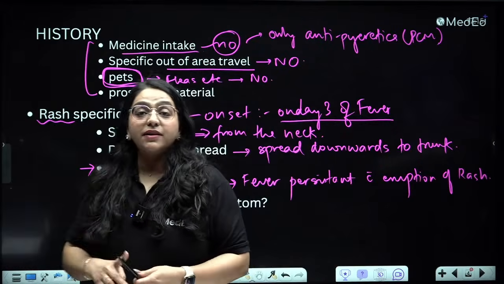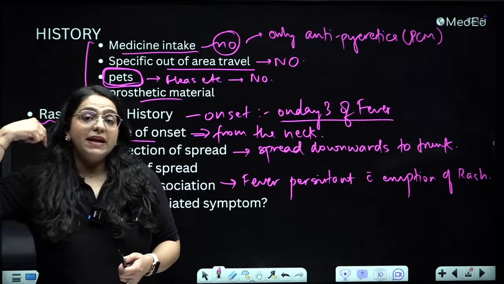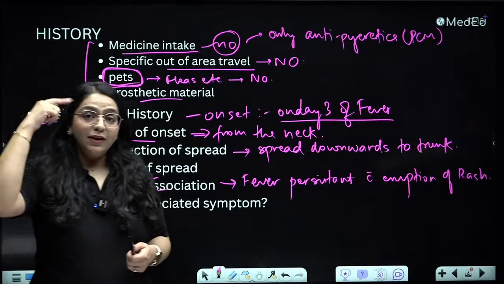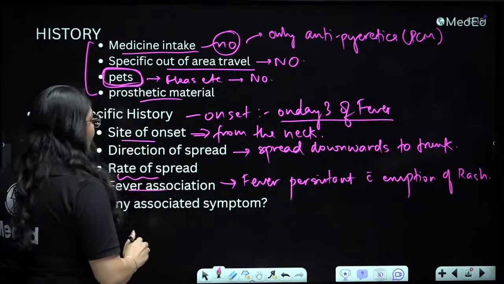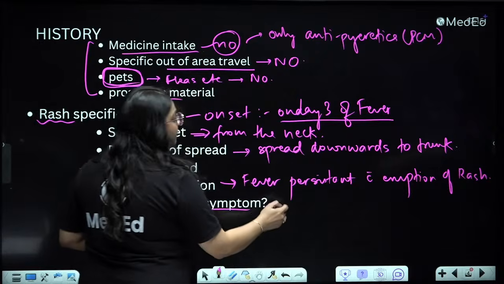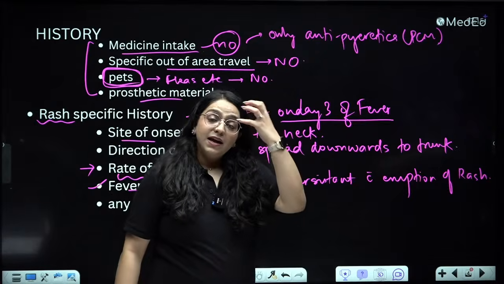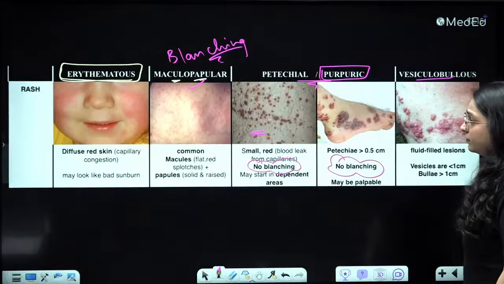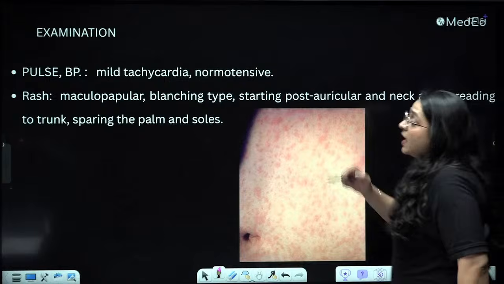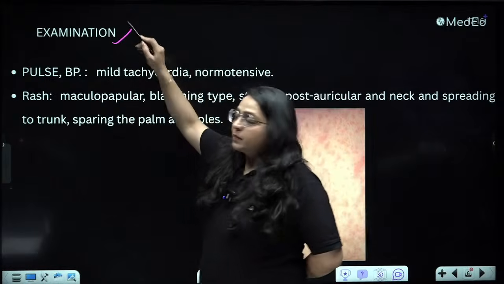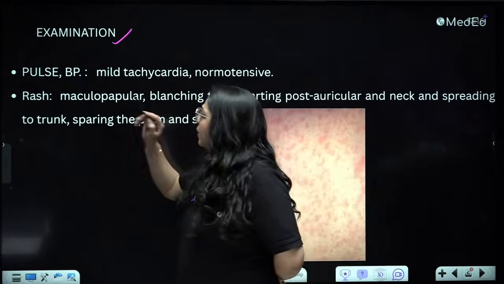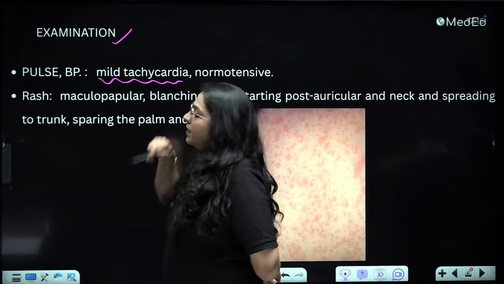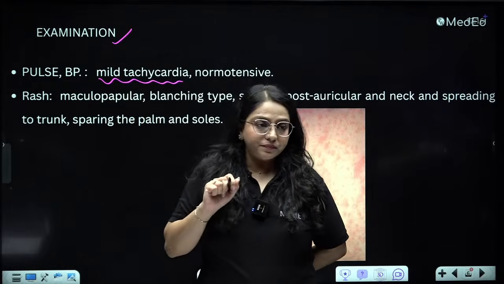The rash has started from the neck and it is spreading downward. So it is spreading in a head to toe kind of a fashion, and any associated symptoms. So of course, she's given me the history of headache, eye pain, watering from the eyes, etc. We have just seen this. When we did the examination of the patient, we found that there was mild tachycardia.